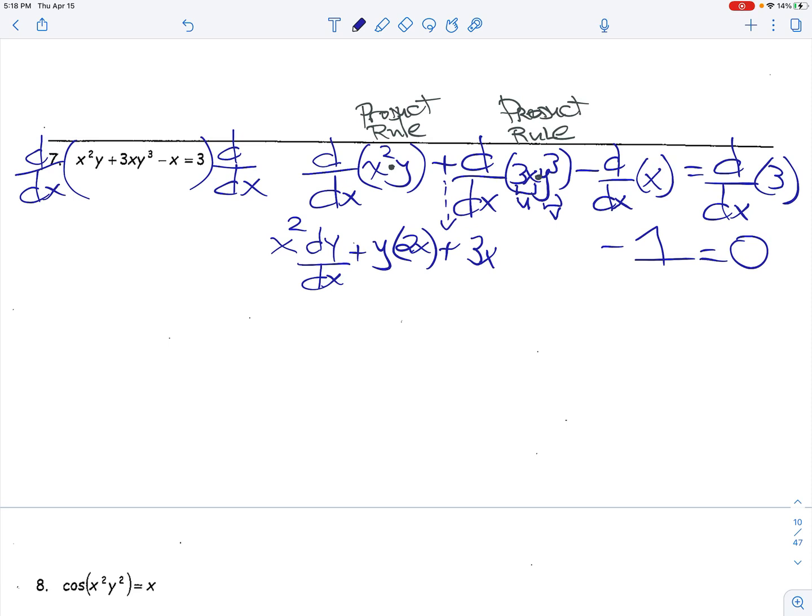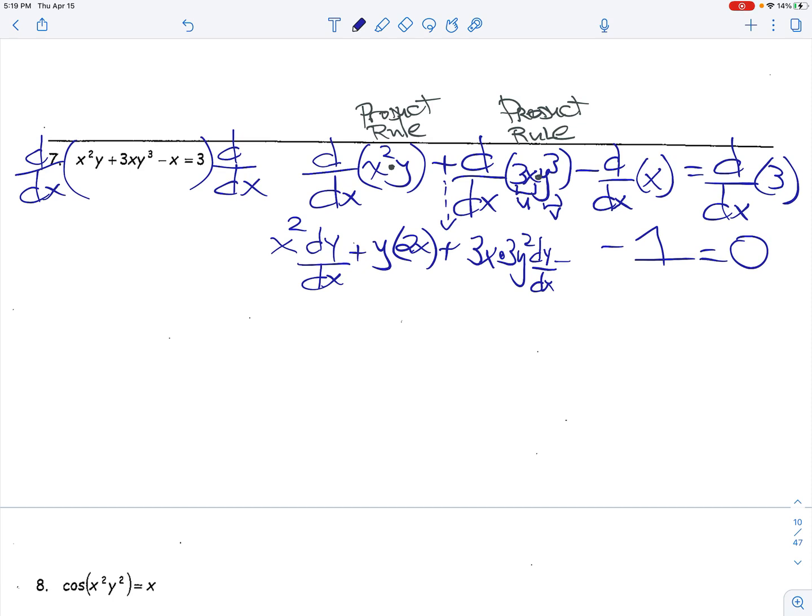So plus now, right? Bring that down. Plus the first, 3x, times the derivative of the second. The derivative of y cubed is 3y squared, right?